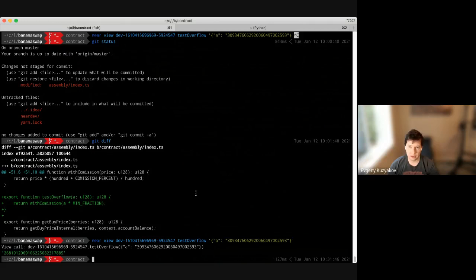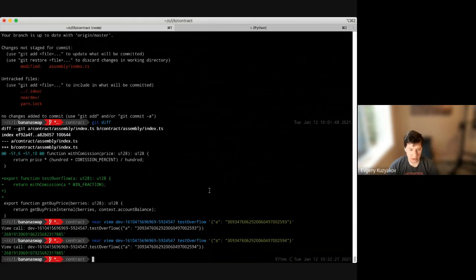Again, we can do this using binary search. We basically can say, well, if I add a digit here, how is the number going to change?